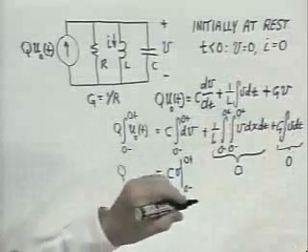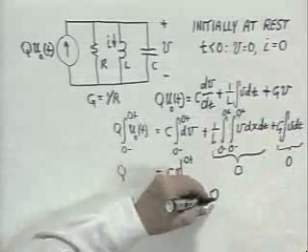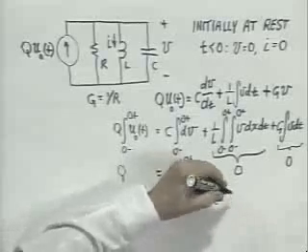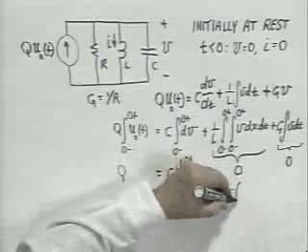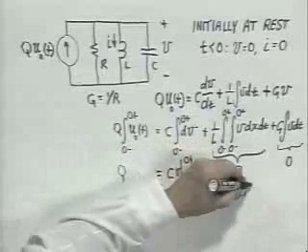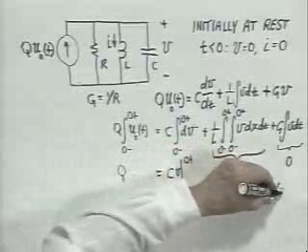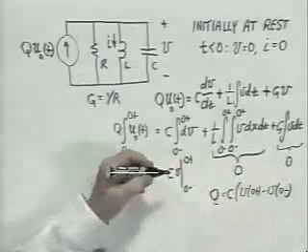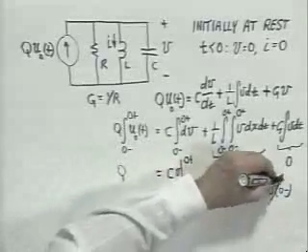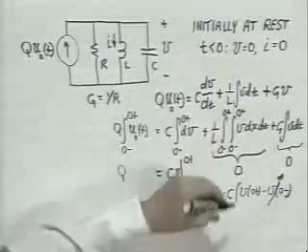So what we learn from this is that Q equals C times V of 0 plus minus V of 0 minus. This is 0. We said the circuit was initially at rest.